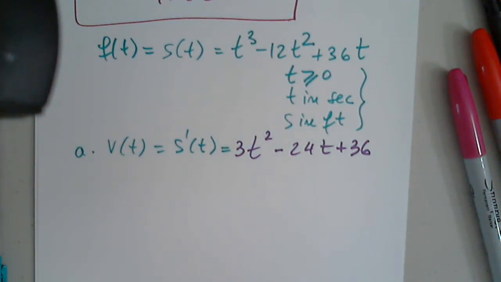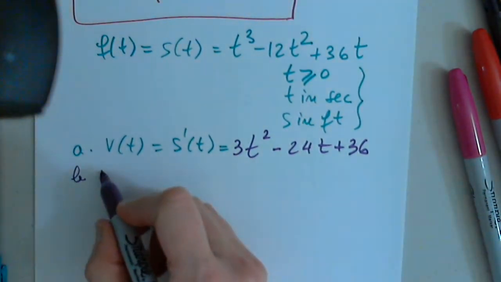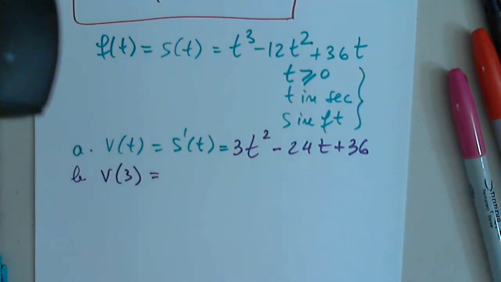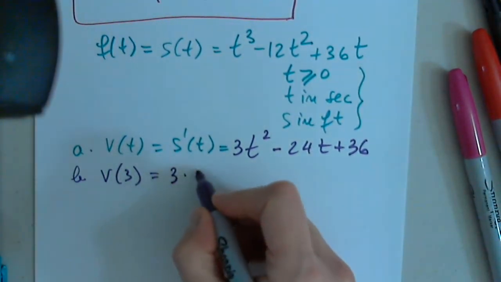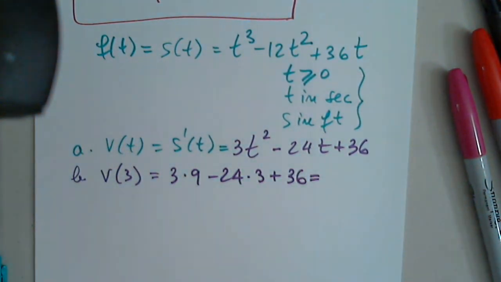What is the velocity after 3 seconds? Can anyone tell us what to do to find the velocity after 3 seconds? Would we just plug in 3 to the derivative? Very good. So please plug it in and tell me the answer. What do we get for v of 3? So 27 minus 24 times 3 plus 36.